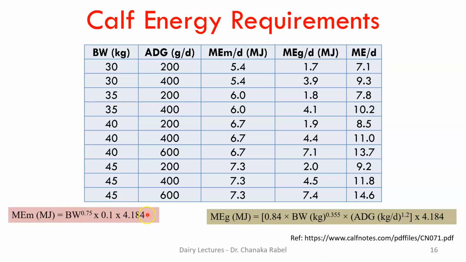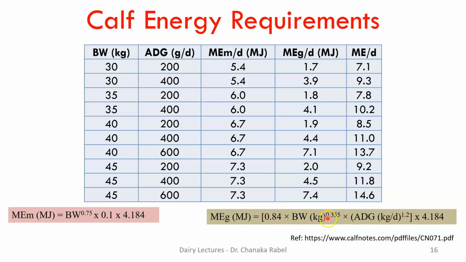But if you want to convert it into megajoules, you have to multiply by 4.184. Basically, 1 calorie is 4.184 joules. And ME for growth or weight gain is calculated using this formula.